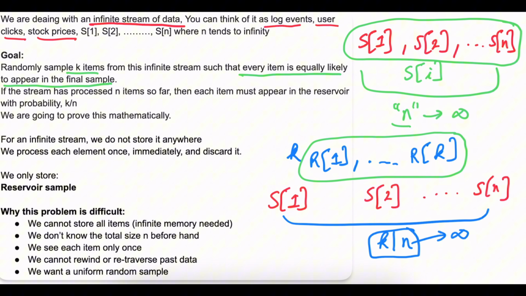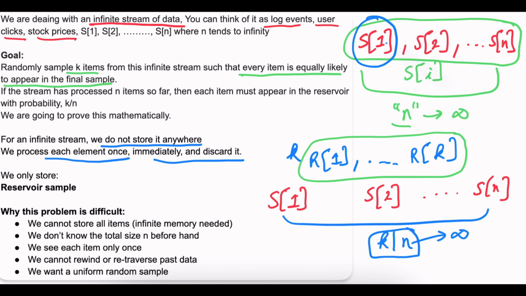And I am going to prove that these probabilities are equal mathematically, and once we prove that, we can solve our LeetCode problems. So this is the main challenge for an infinite stream of data, when we want to sample k items, that we cannot store it anywhere, and when we process a particular element, we immediately discard it.